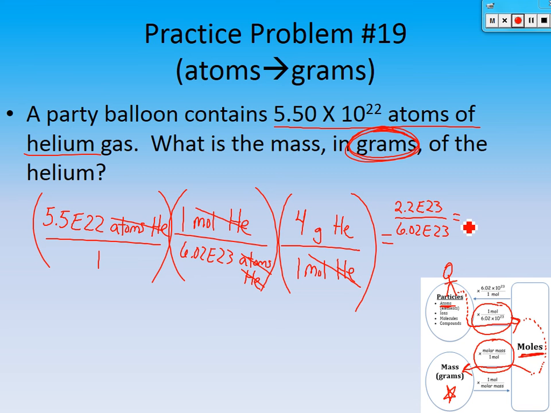Let's divide that now. Are you guys getting this? If we go to 2 decimal places, 0.37. And what are my units going to be? Grams of helium. And my substance is helium.